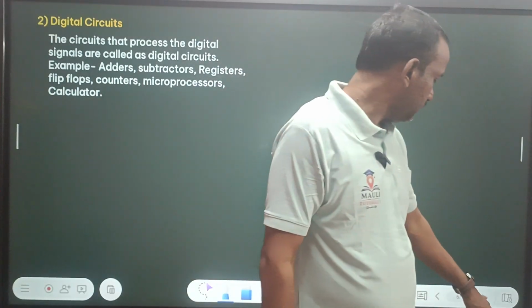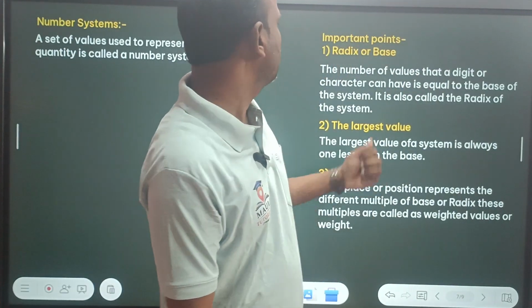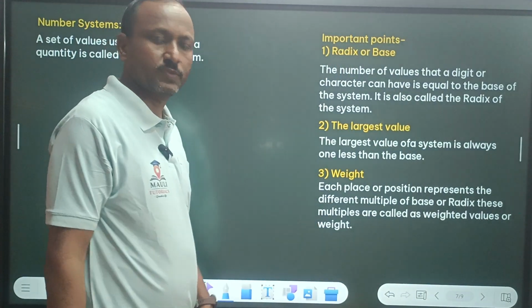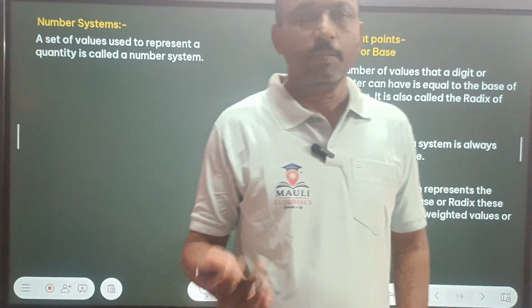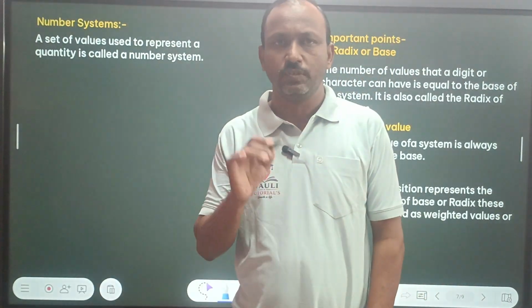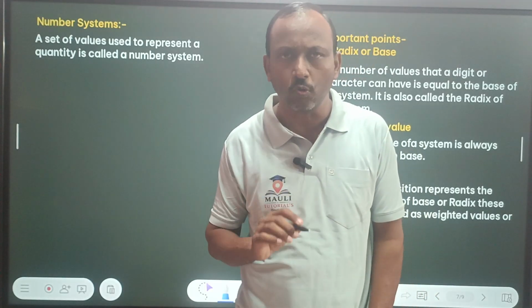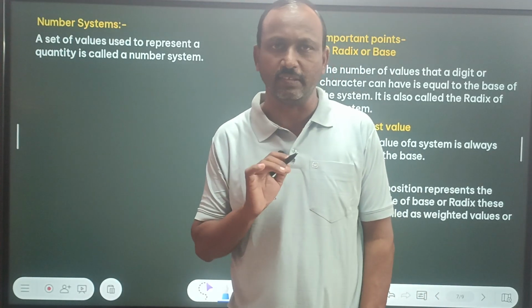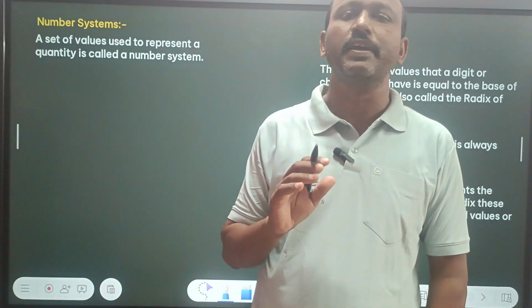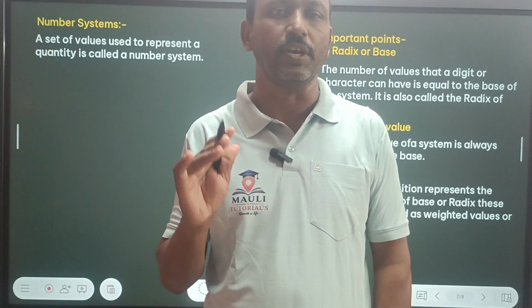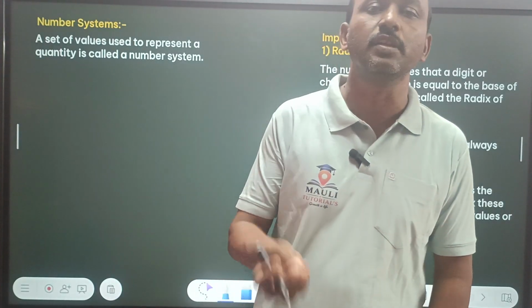The next point of this chapter is number system. Remember the definition of the system: a system is a collection of devices or algorithm or group of devices that are interconnected to each other to perform a particular task. Now we consider the number system.